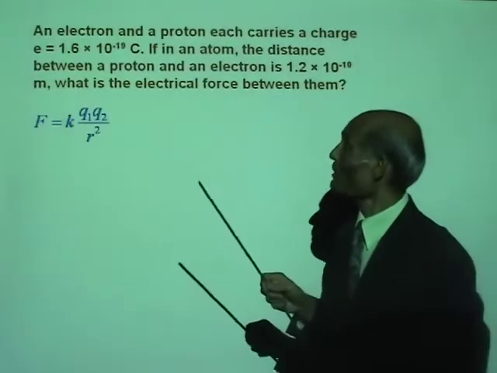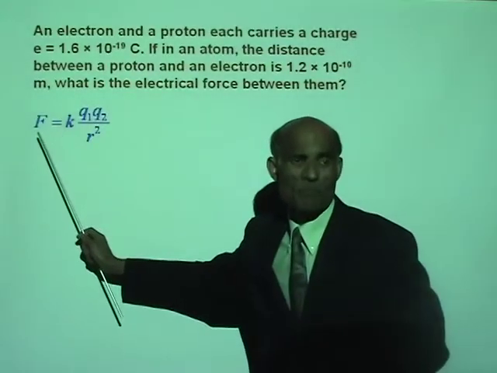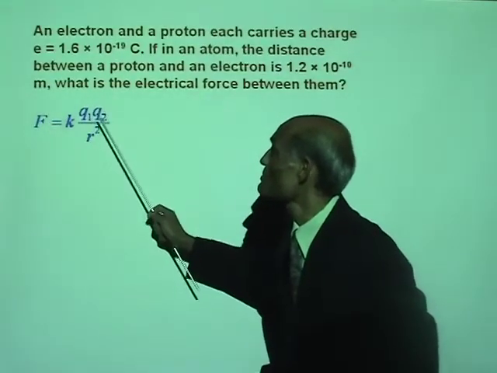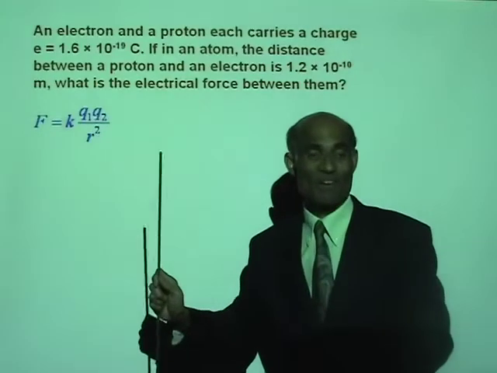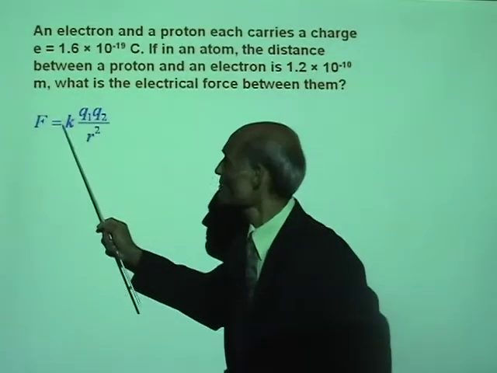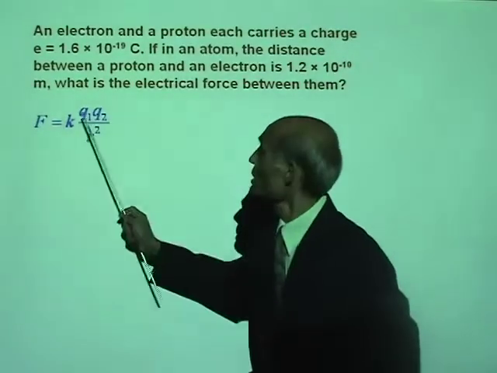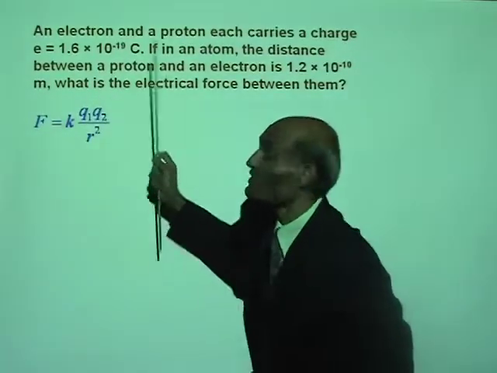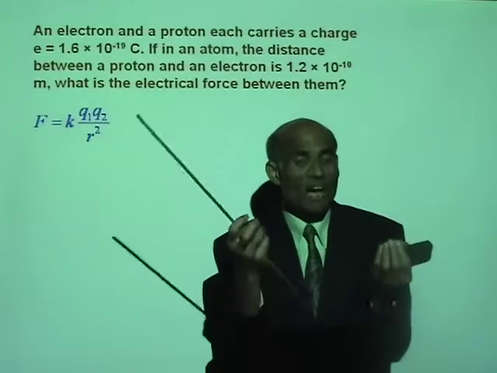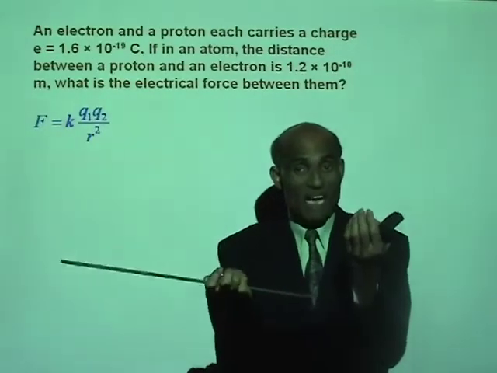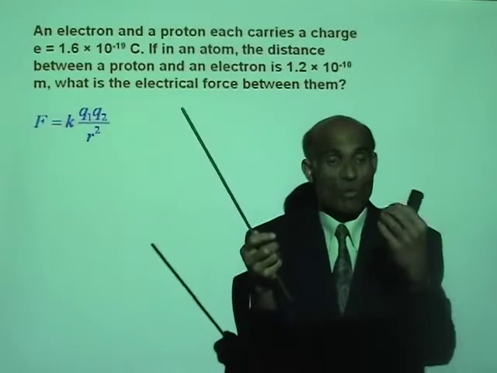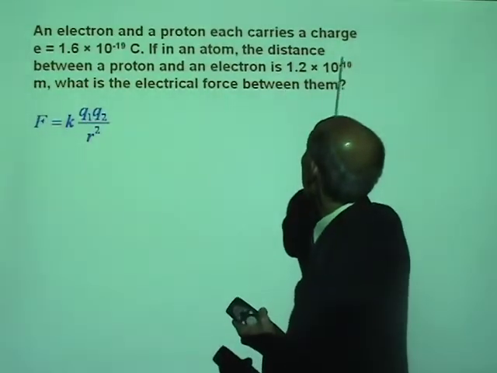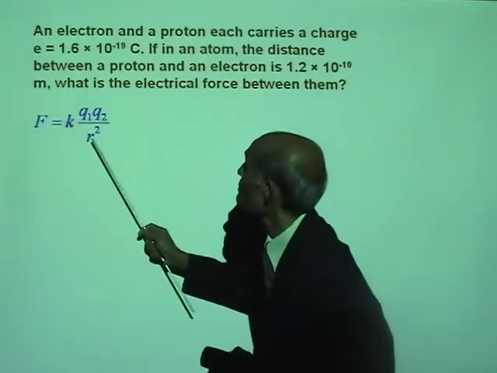All we need to do is pick up that formula, F equals K Q1 Q2 over R squared. Try and practice it. You know the value of K, I gave it to you. Q1 is this. Q2 is also that, because an electron and proton both have the same amount of charge, one positive, the other negative. And the distance between them is this. Let's put all those values in.